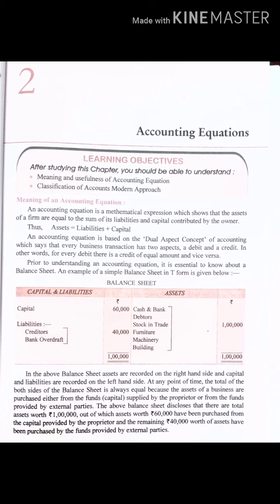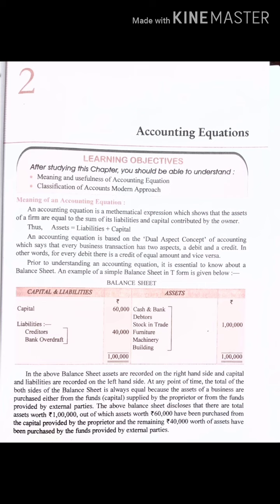An accounting equation is a mathematical expression which shows that the assets of a firm are equal to the sum of its liabilities and capital contributed by the owner. So we say that whatever the firm has is the assets, correct? Now assets will always be equal to capital.